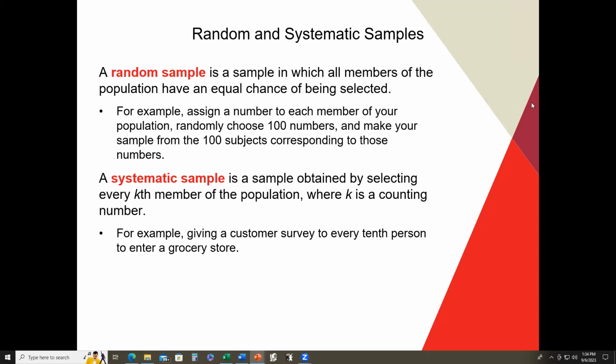What's systematic sampling? Systematic sampling is often employed in industrial quality control. For instance, if you have a machine that is basically manufacturing, let's say, widgets, you fill in the details as to what a widget is. It's turning out widgets all day long. Oftentimes, we like to sample every kth widget from the machine to make sure that it's within specs, whatever the spec requirement is for the particular part being machined.